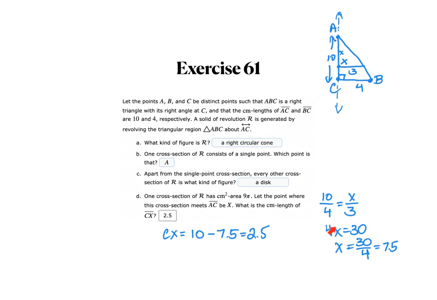Then I cross-multiplied and solved for x, and found that it was 7.5. This is not the distance I'm looking for, although now I know it's 7.5. The distance from C to X is 10 minus 7.5, so that becomes 2.5.